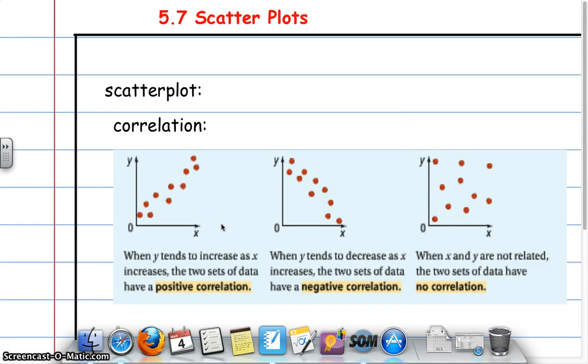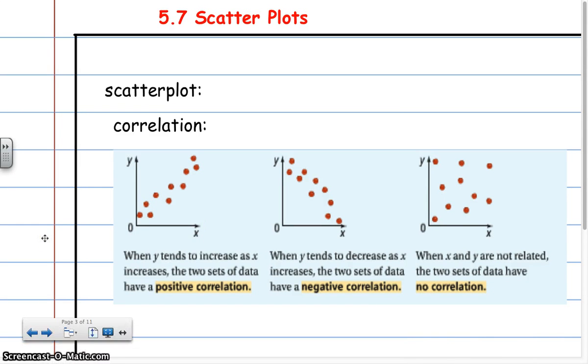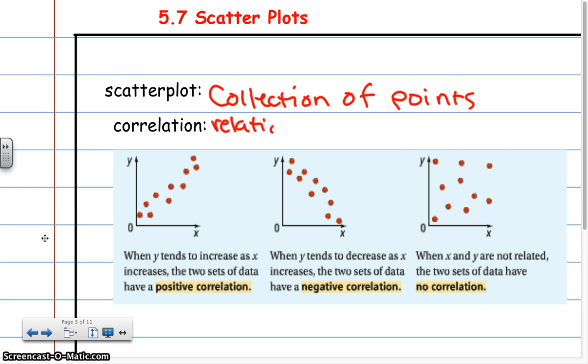Scatter plots. What a scatter plot is, it's really just a collection of points. A correlation means there's a relationship between the points.